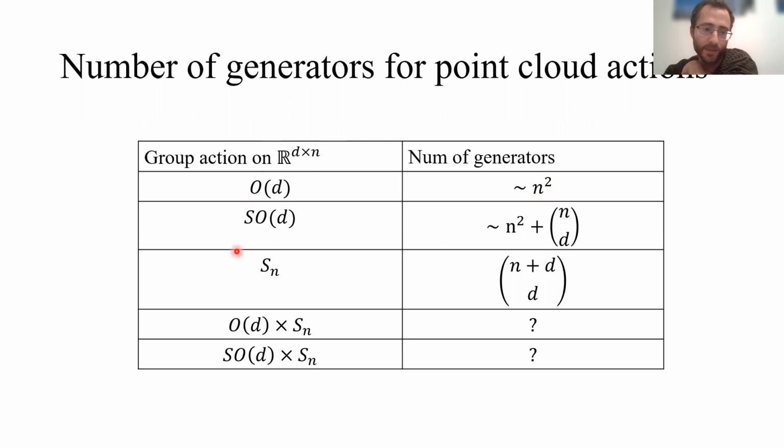And then if you're looking at SO(d), suddenly you have many more generators, and S_n similarly. S_n is permutations. For these last two group actions where we combine rotations and permutations, I don't personally know what the generators are, but maybe someone knows. In any case, these numbers are big, and later we'll see how we're going to fix this.